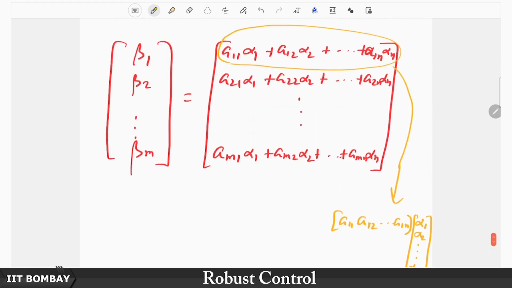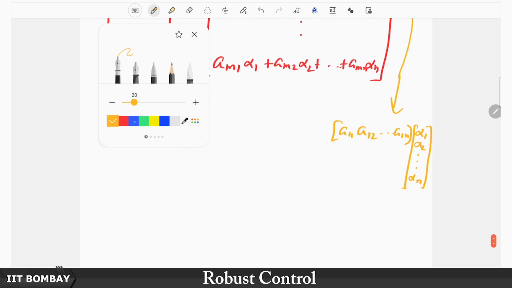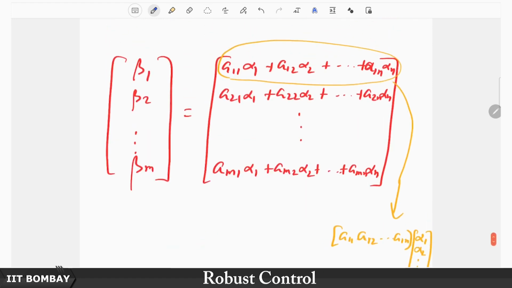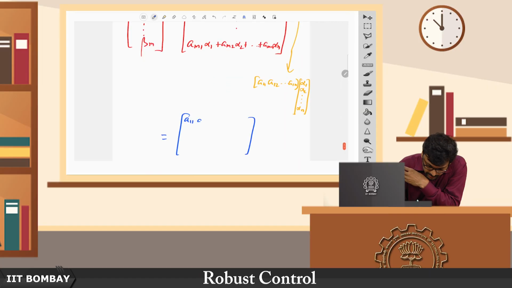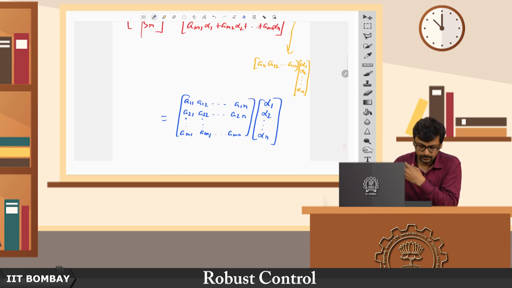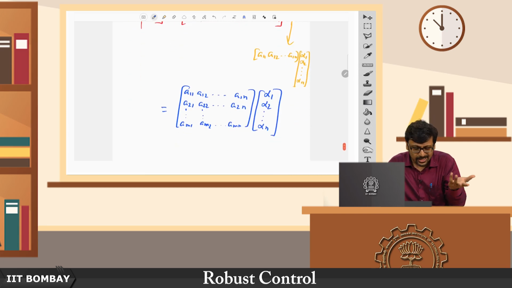So, therefore, I might as well express the left hand side in the following fashion: the matrix with rows a11 a12 ... a1n, a21 a22 ... a2n, till the last row am1 am2 ... amn, times the column alpha 1, alpha 2, ..., alpha n. But what is this after all?